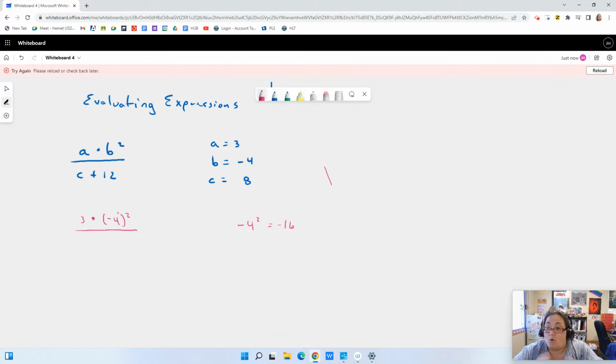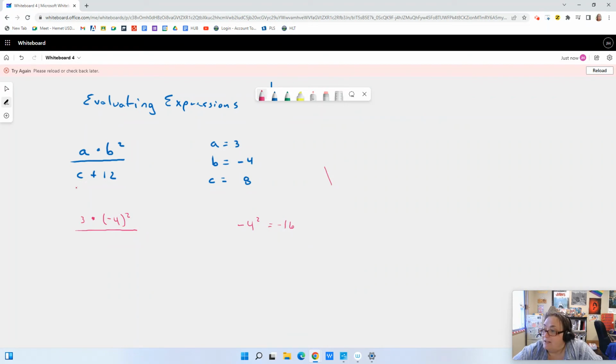But really, we're squaring the whole thing. The whole negative 4 is being plugged in. So we're squaring that negative 4, and a negative times a negative equals a positive. Does that make some sense? I see a few head nods, so I'm going to assume that's a yes.